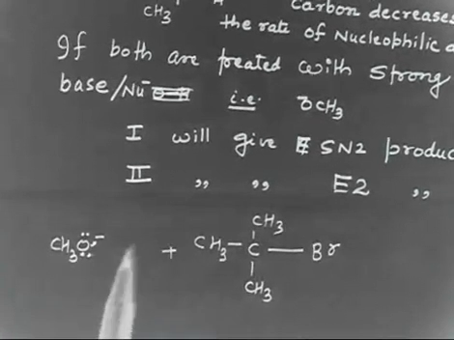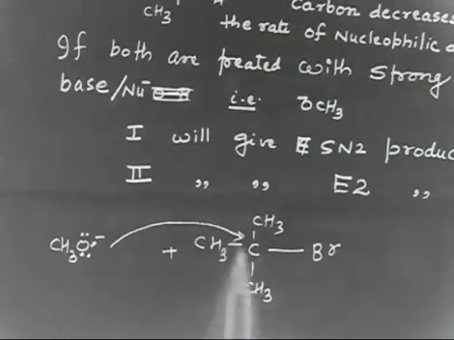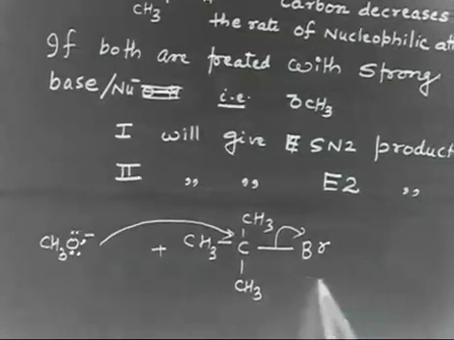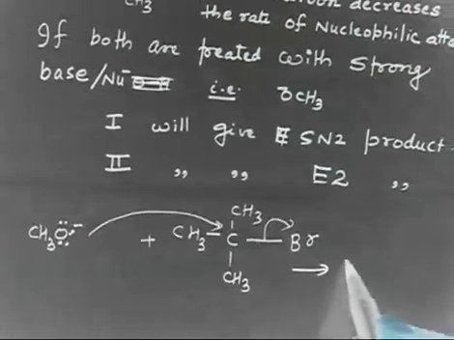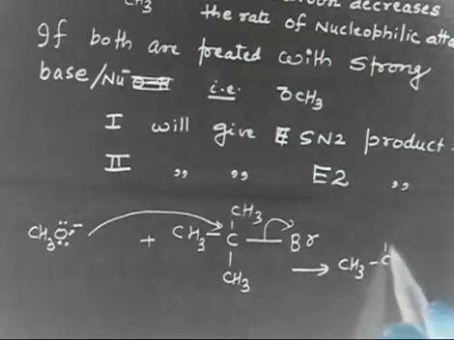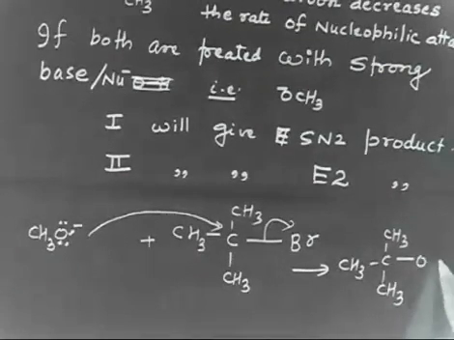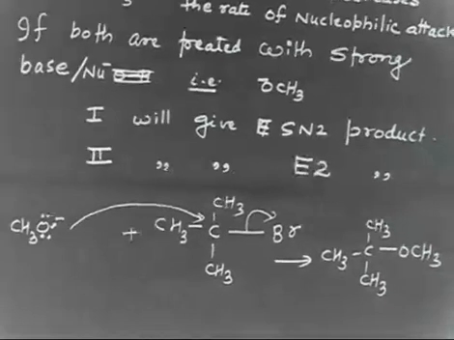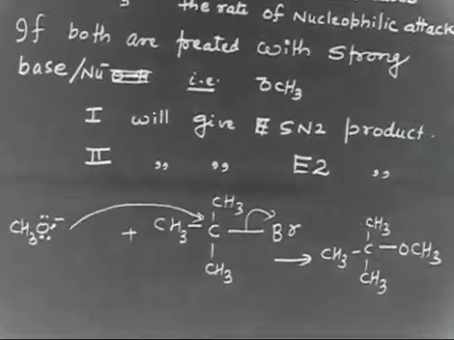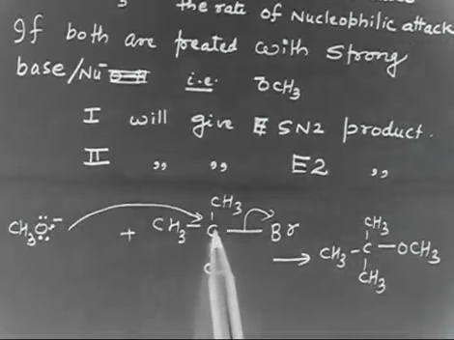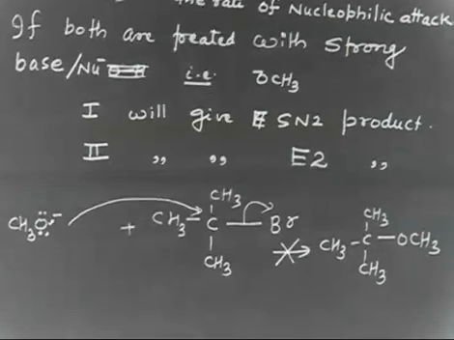I am thinking substitution will take place. This will go here and this will go here, and finally I will get this product, CH3, CH3, CH3, OCH3. I am thinking something like this, but actually this will not be the case because this is a tertiary carbon. So in this case nucleophilic substitution will not take place.